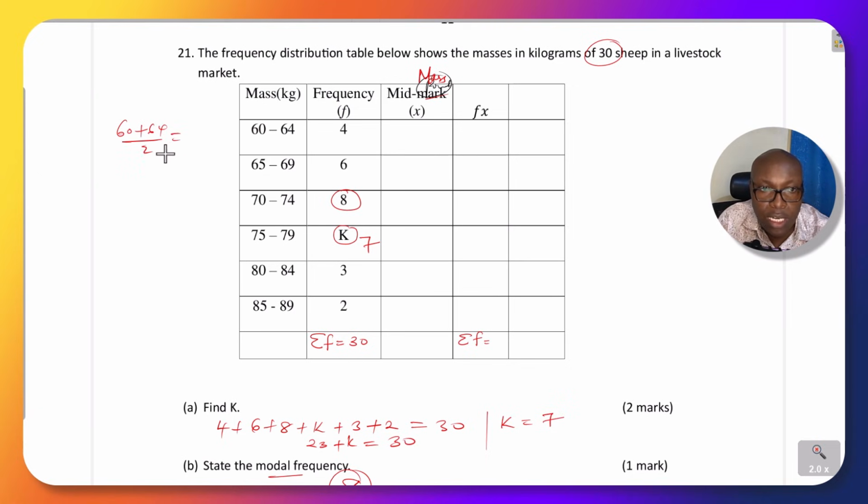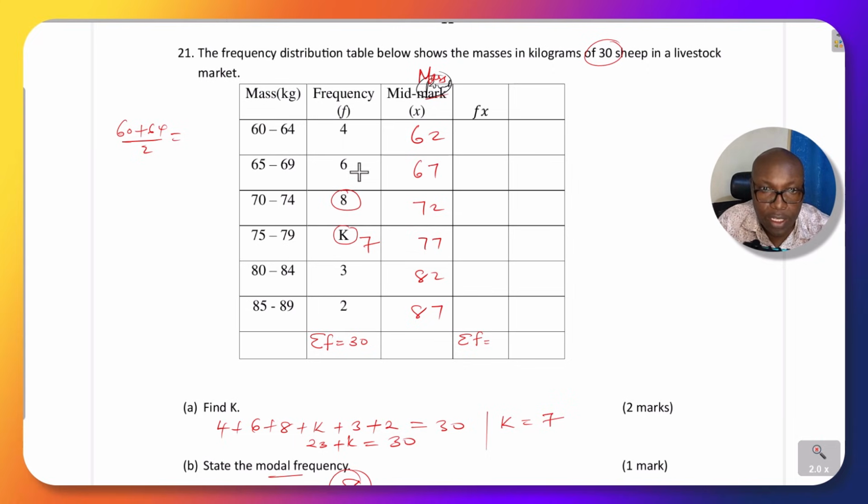This will be 62. For the next one, 65 plus 69 divided by 2, that will be 67. The next will be 72. The next one will be 77, the next one 82, and the next 87. So that is how we get the mid mass.